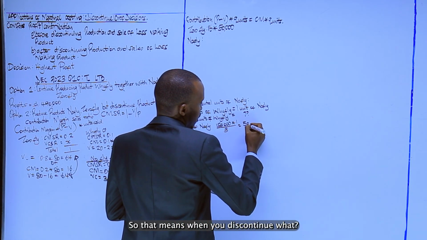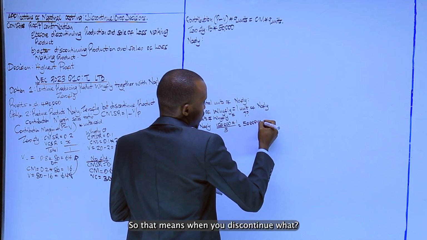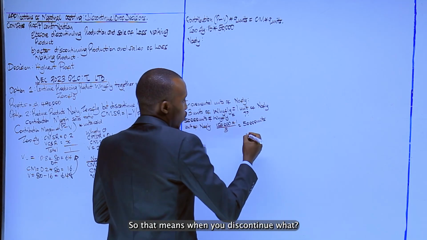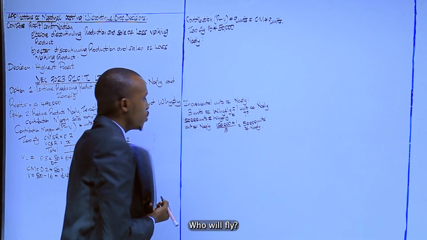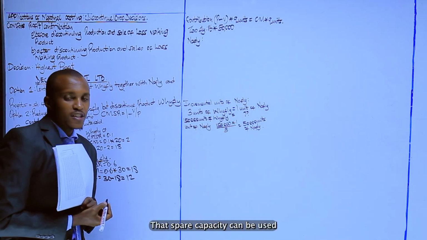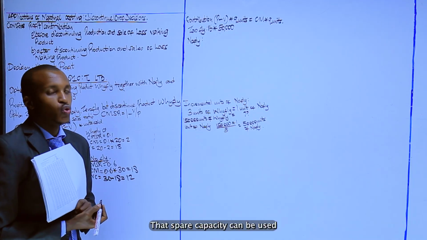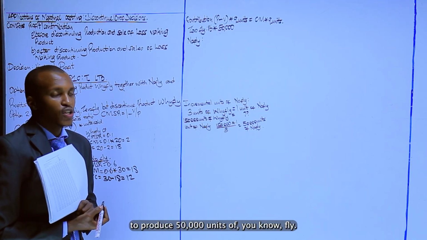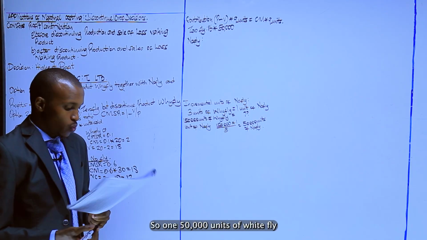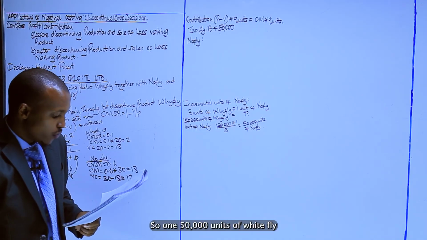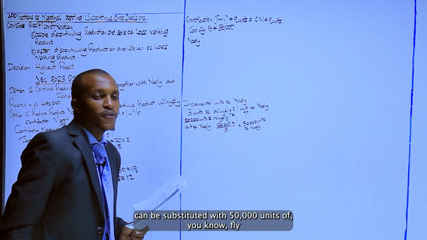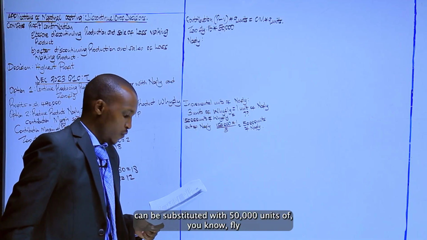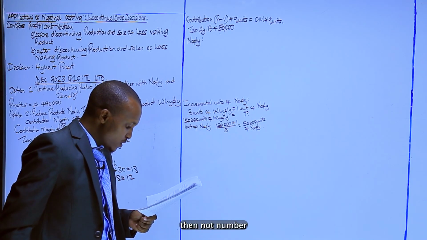So that means when you discontinue producing product Y Fly, that spare capacity can be used to produce 50,000 units of No Fly. So 150,000 units of Y Fly can be substituted with 50,000 units of No Fly.